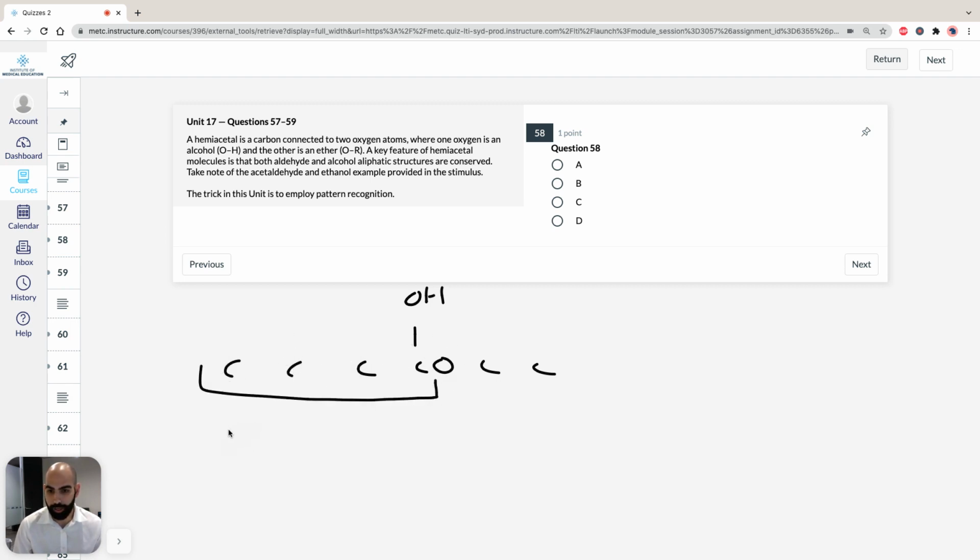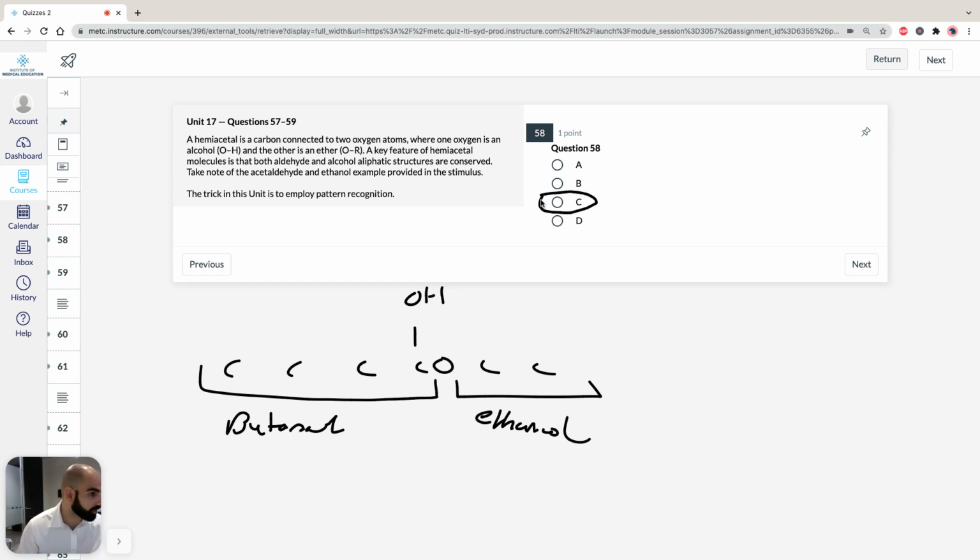So it's a butanol structure with an ethanol structure. You can see the 2 carbons here for ethanol, and 4 carbons for the butanol. Option C is the only one that has 4 carbons for the butanol structure. The rest are either 3 or 2, which are incorrect. So the answer for 58 is C.